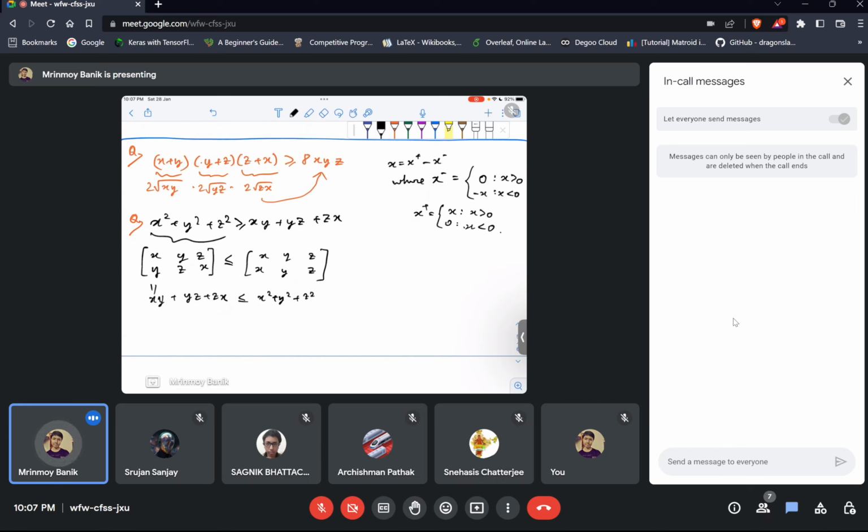With AM-GM, you need to add weights. So the weighted AM-GM inequality. This is a digression.